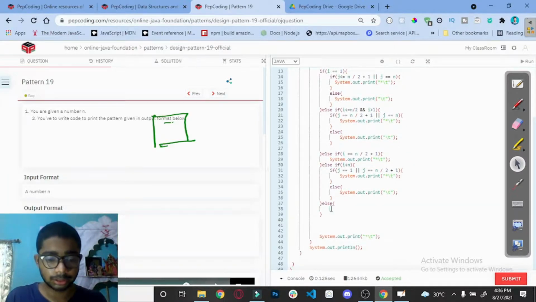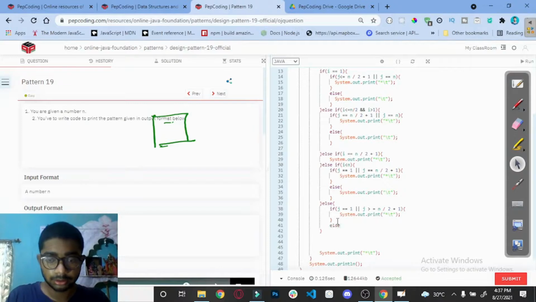At the last part, if j is equal to 1 or j is greater than or equal to n divided by 2 plus 1, then we are going to print the stars, else we will print the spaces.